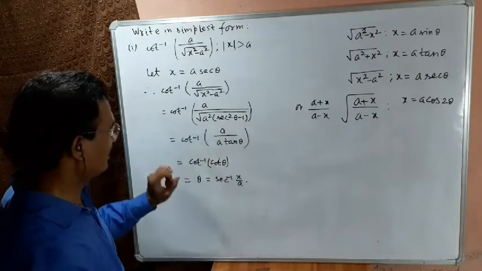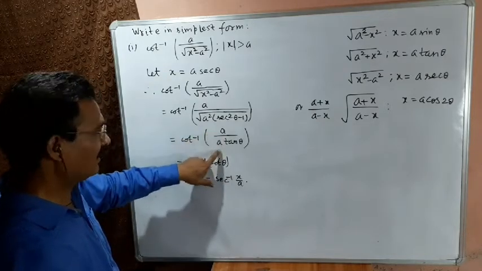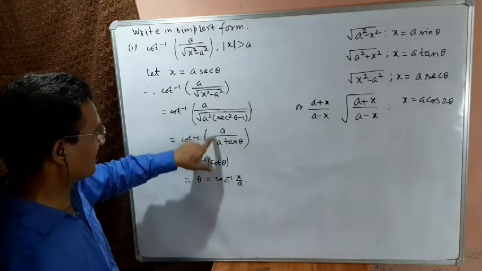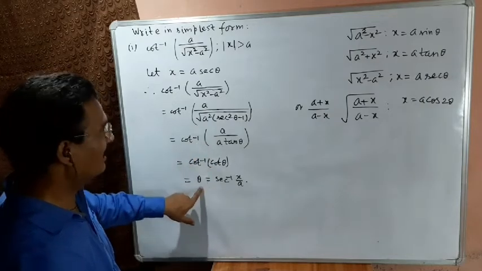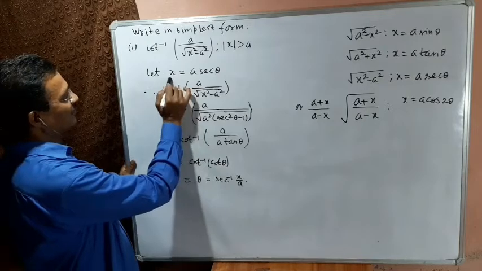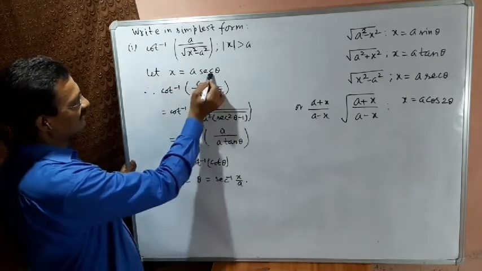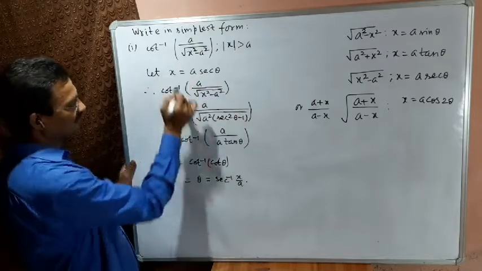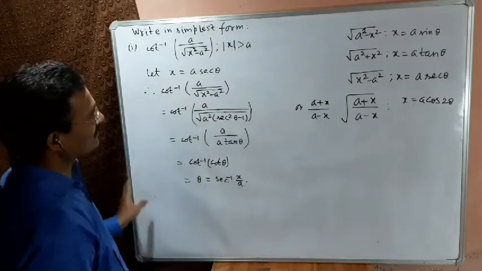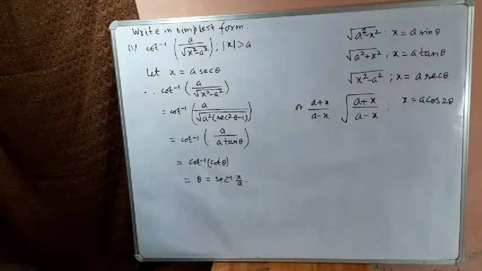A cancelled out, cot inverse 1 by tan theta, it means cot inverse cot theta, and this will be theta. And because we had supposed x equals a sec theta, therefore theta will be sec inverse of x by a. We take some more problems like this.